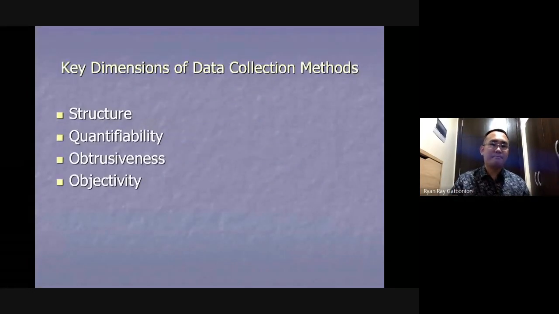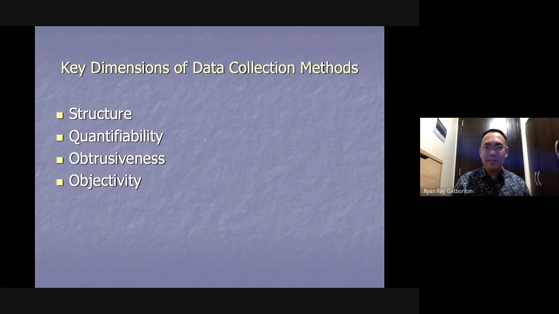Okay? Now, data collection methods can vary in four key dimensions. When we say structure, this is the form. The more structured a research questionnaire or a data collection method is, the more quantifiable it is.